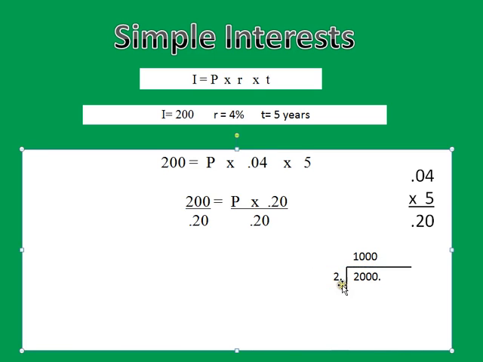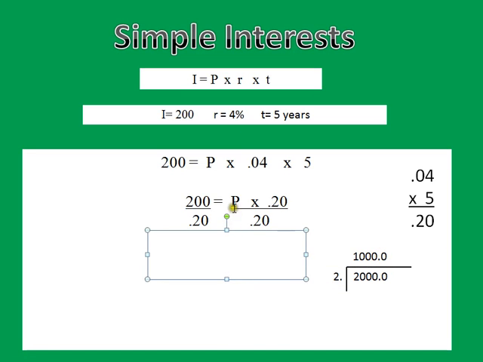Now you can probably figure out that 2 goes into 2,000 1,000 times. I'm not going to work this out down here. Okay? Because you can figure that out. I should even probably put the decimal right there too. Now I should probably put a 0 here and a 0 here, but I don't need to. And my answer, I don't even need to put that decimal because there's nothing after it.